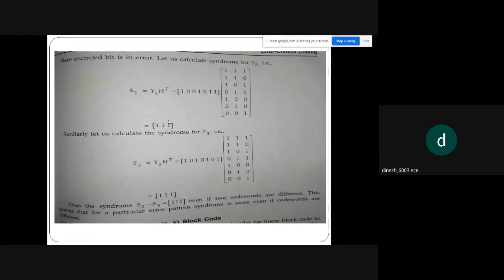Now see this S2, which is 111. In the H transpose matrix, in which row is it appearing? Can anyone unmute your mic and say in which row S2 is appearing?